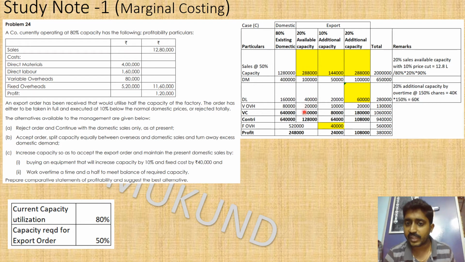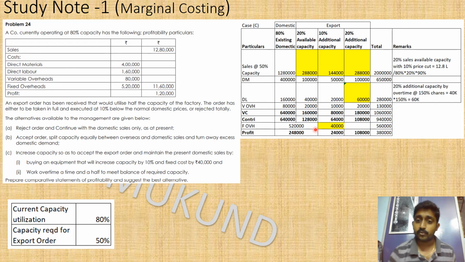You can find the variable cost, and with sales minus variable cost you can find the contribution. Now 80% capacity is gone for domestic, and the 20% balance we are going to give for export. From the total contribution, the current fixed overheads is 5.2 lakhs, and if you deduct it the profit is 2.48 lakhs.